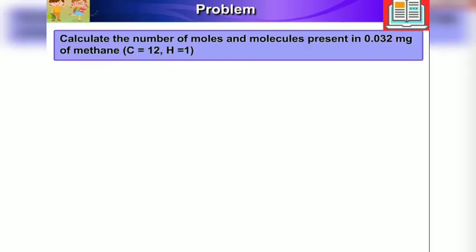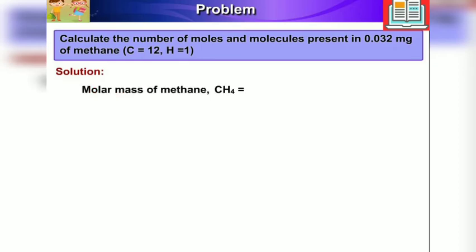Calculate the number of moles and molecules present in 0.032 milligrams of methane. C equals 12, H equals 1. Solution. Molar mass of methane, CH4, equals 12 plus 4, equals 16 grams per mole. 16 grams of methane equals 1 mole.